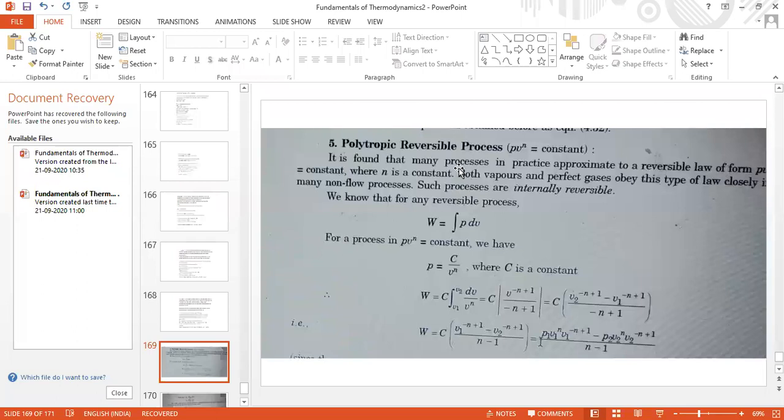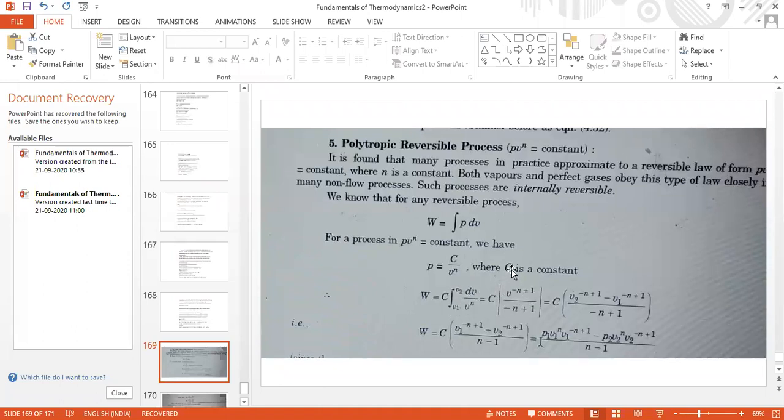For example, work done, integral PdV is used, and integral PdV when substituted on PV^n is equal to constant, mathematically PV^n is equal to C, and in place of P, we substitute volume terms from the equation PV^n is equal to constant or C, and therefore P is equal to C by V^n. It is shown here, and this substitution in this integral, from process 1 to 2 or volume V1 to V2.